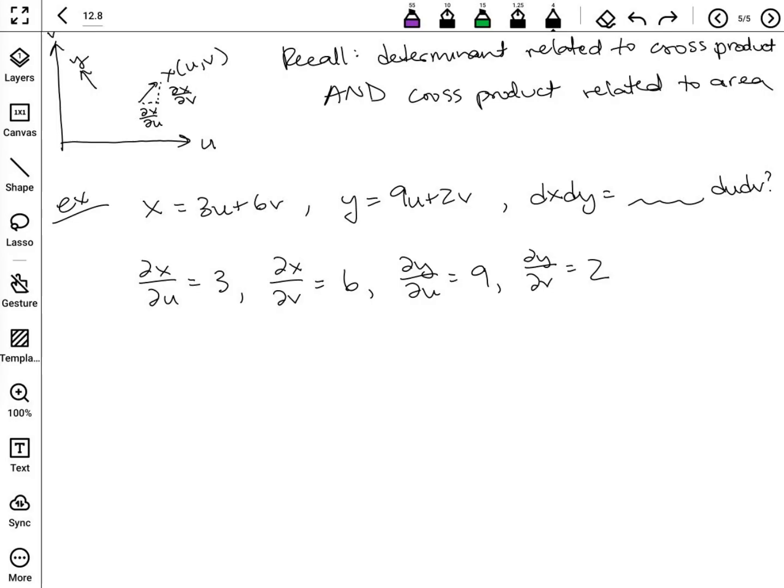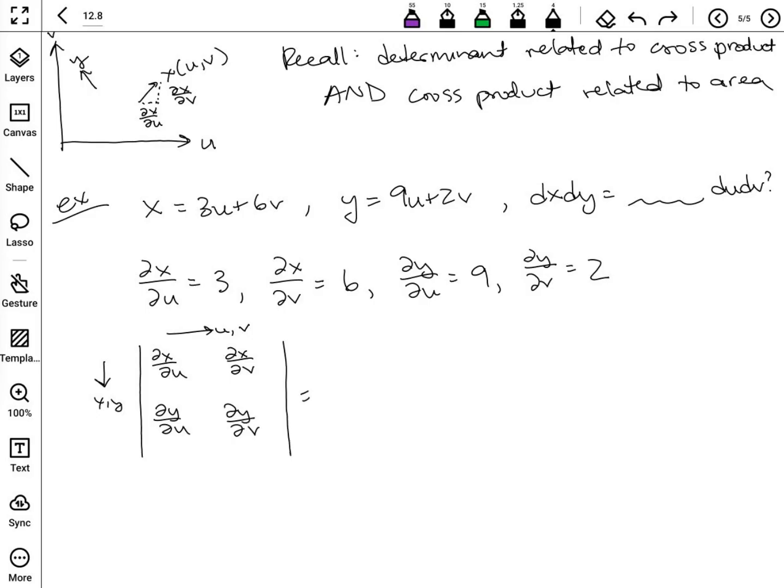And then I put them inside my Jacobian matrix. I'm just starting with the vertical bar because I know I'm going to want to take the determinant, but I put my uv this direction and my xy this direction. So I'm going to start with dx/du, dx/dv, then dy/du, dy/dv.